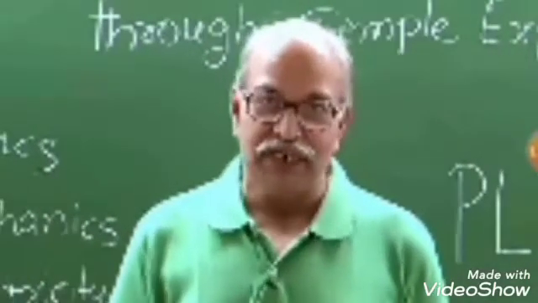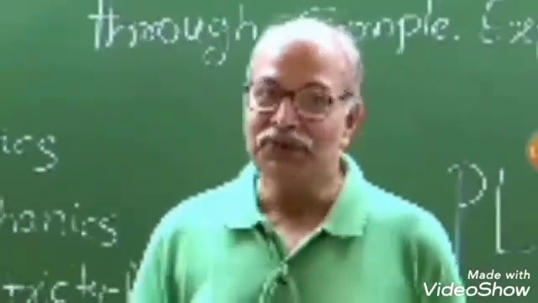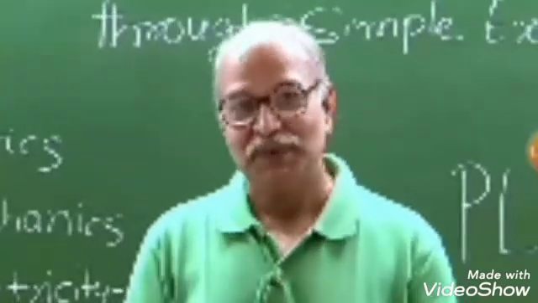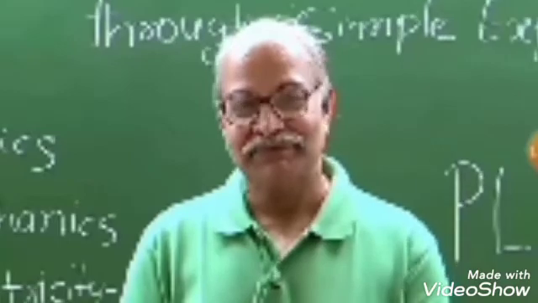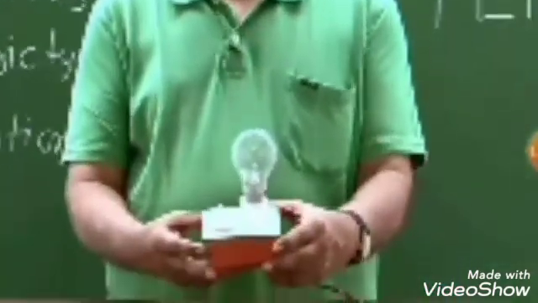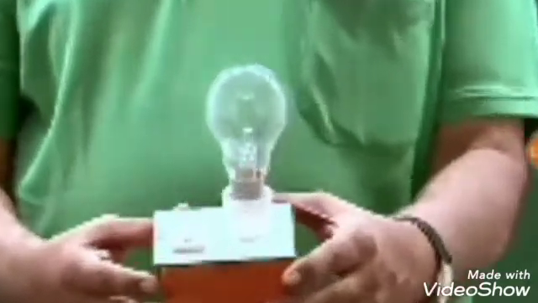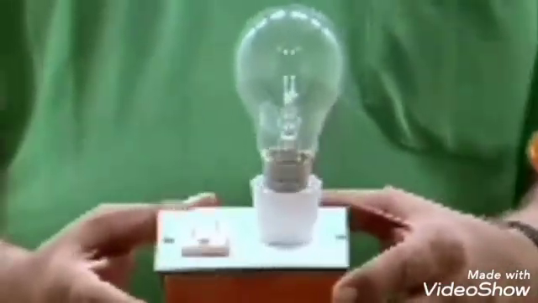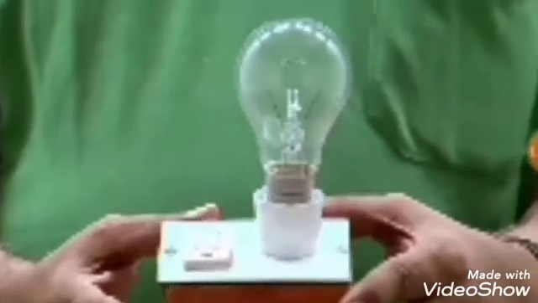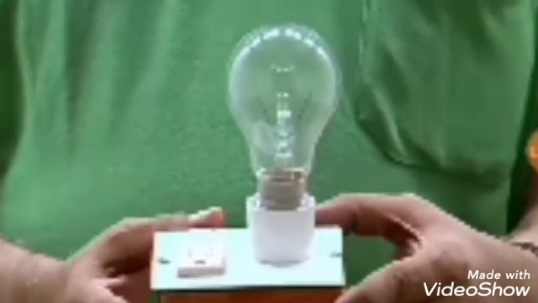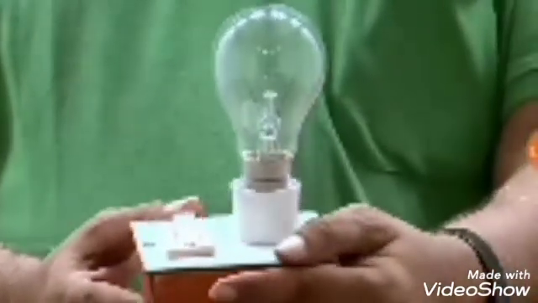Now to give you a clue, I will show you the bulb, and you see what happens when the bulb is rotating. Look at the bulb. It's a structure inside this glass. Now this is the initial condition, and now I will be rotating it through 90 degrees. So I am starting the rotation.